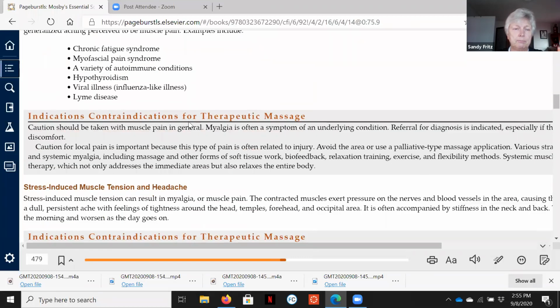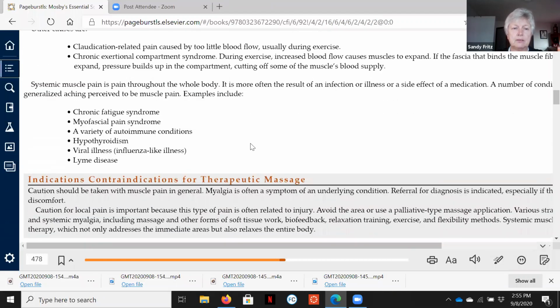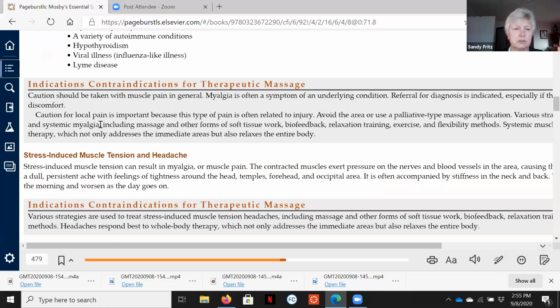So we can have something that is very local, like a muscle strain or a bruise, or we can have something that is more global, like an autonomic nervous system problem that is going to affect muscle function in general.